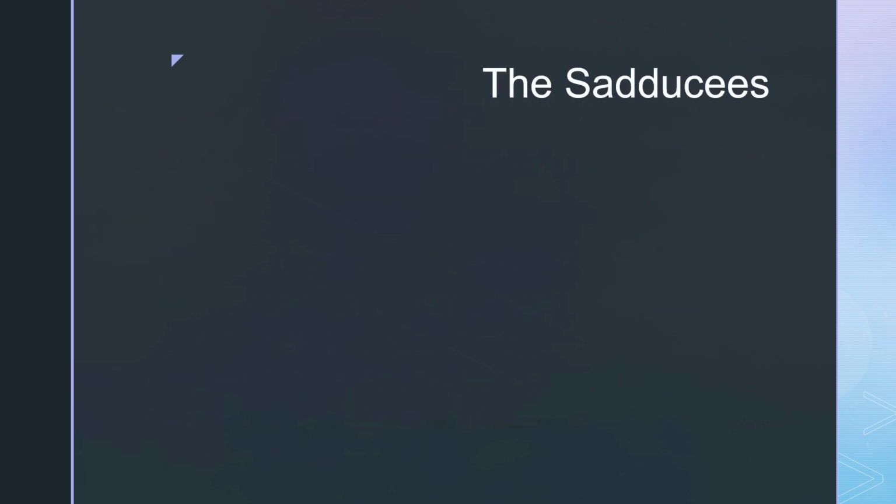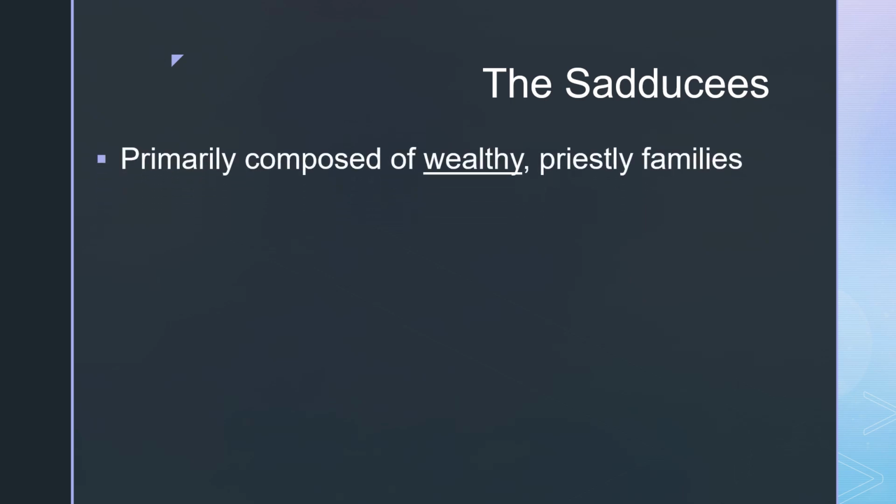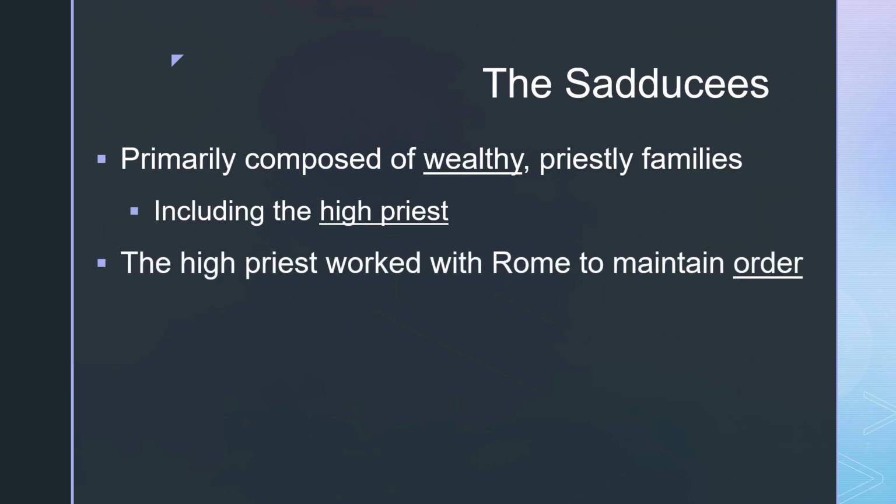Let's talk about the Sadducees. All right, the Sadducees were primarily wealthy priestly families. So actually the high priest was from the Sadducees, and they would work closely with Rome to maintain order. Interestingly enough, we just talked about how the Pharisees would observe this rigid set of rules, but the Pharisees were actually more popular amongst the ordinary Jewish people than the Sadducees.